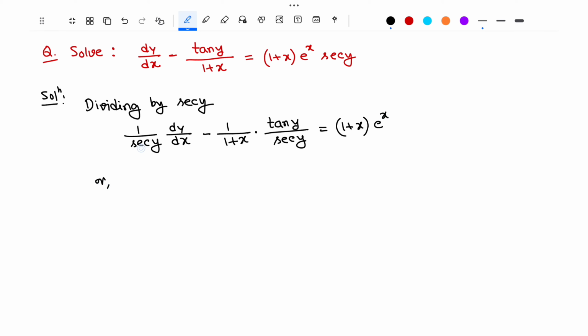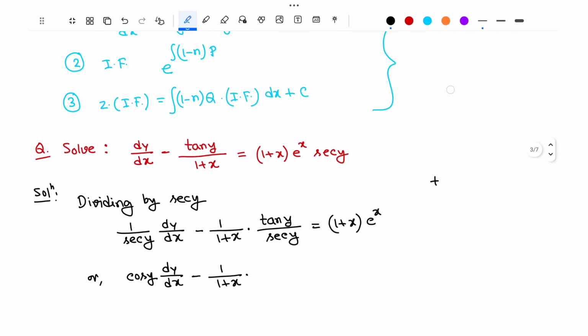Now 1 by sec y means cos y, so cos y dy/dx minus 1 by (1 plus x) into tan y by sec y. Tan y means sin y by cos y.